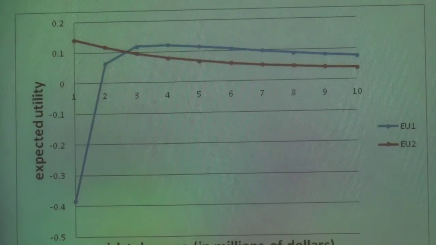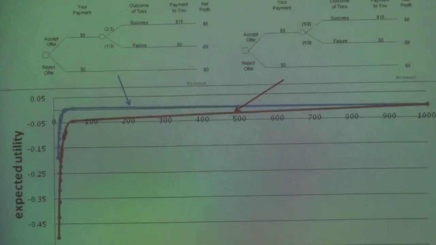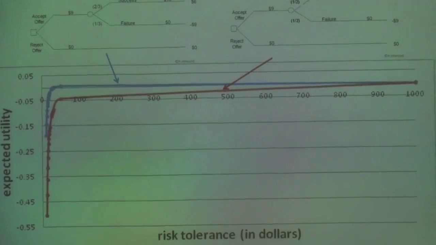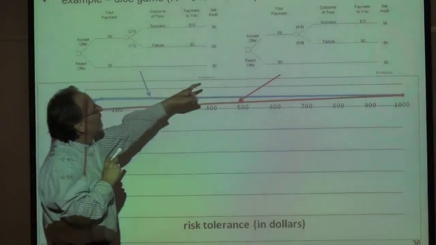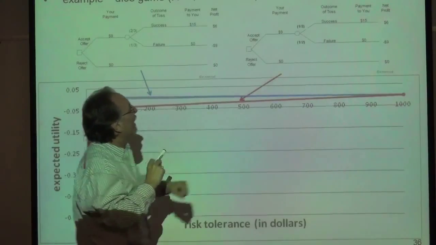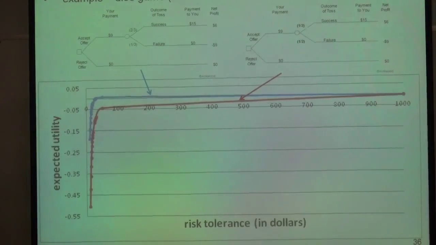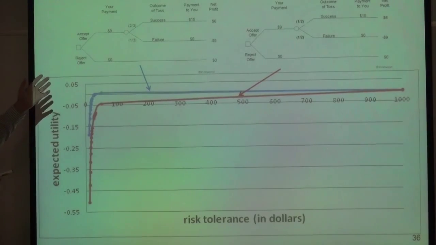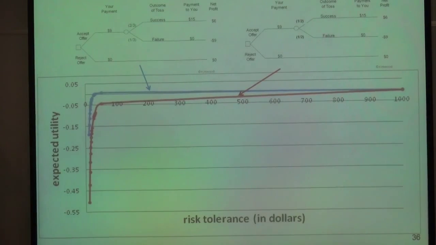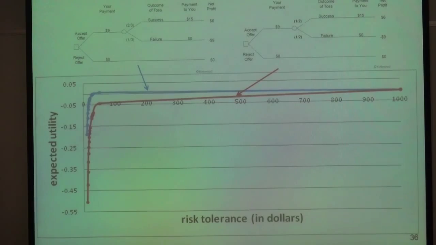For the dice game, I know this is small, but I just wanted to remind you, where there's 2/3, 1/3 versus 1/2, 1/2, otherwise the same. This is what the expected utility looks like. And let's see, since this is in dollars, I had the risk tolerance go from $10 to $100, $1,000.